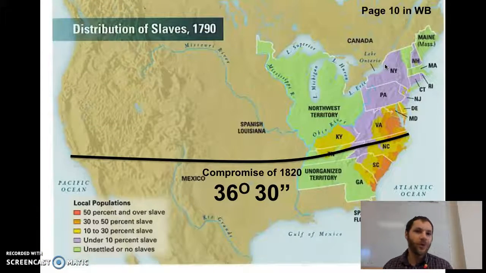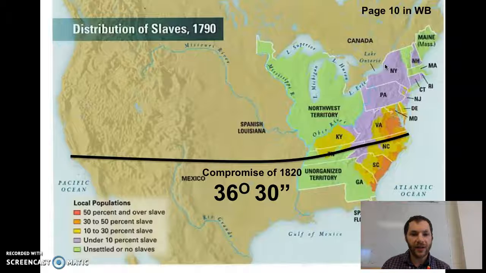Moving on, what we have is this distribution of the slaves in 1790. I bring up this map because slavery was the key issue of the Civil War. Slavery really was why the Civil War occurred and why it was fought.